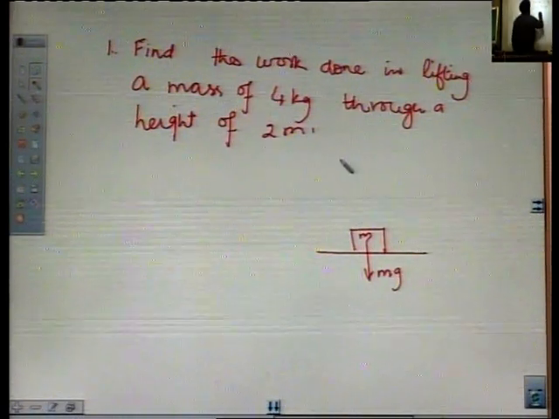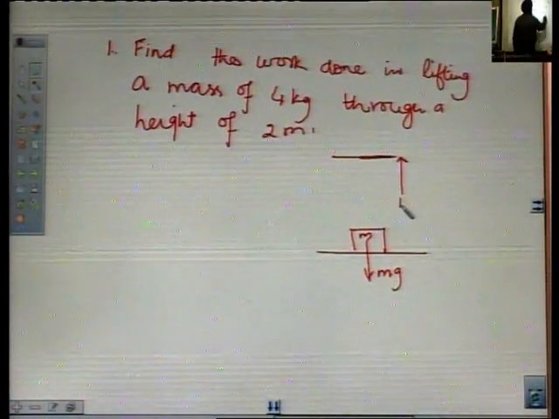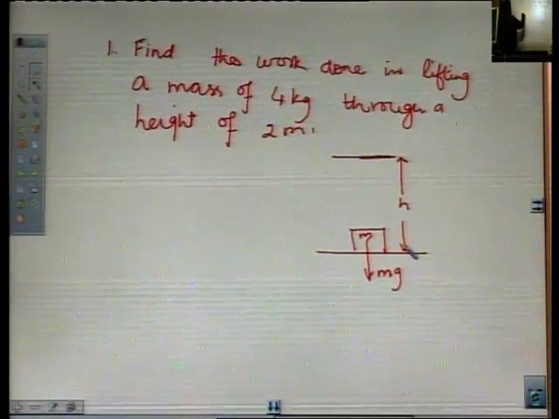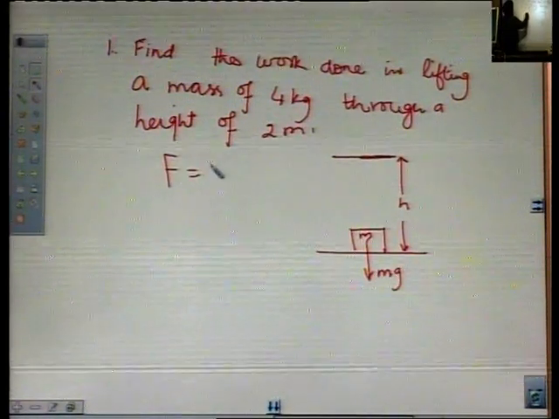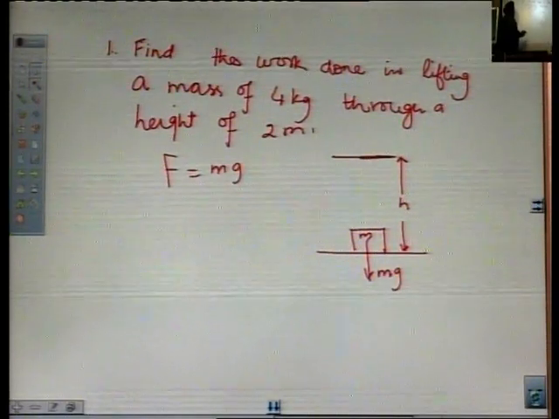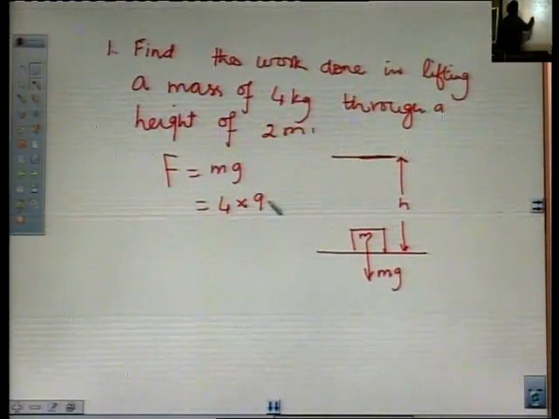The height to which this body is to be taken is h. So, the minimum force that you will require is equal to the weight of the body, that is m into g. M is 4, g is 9.8.